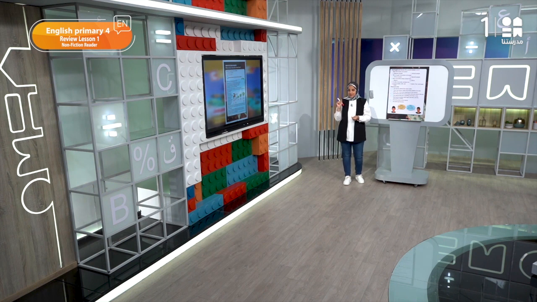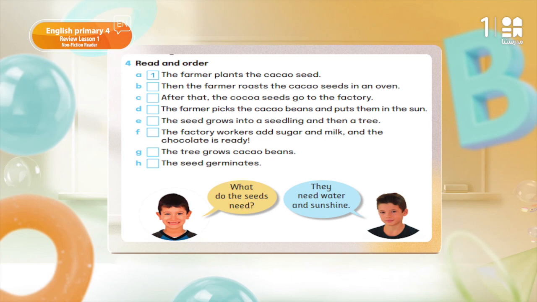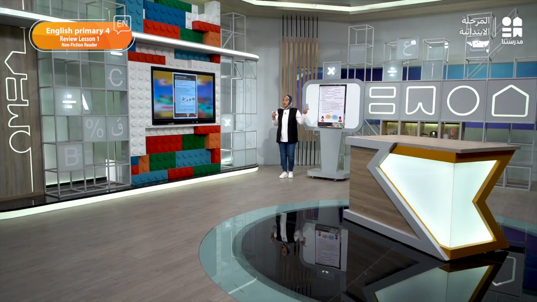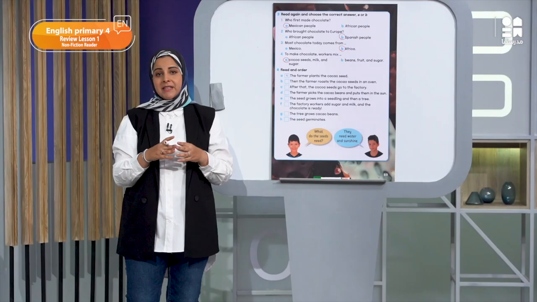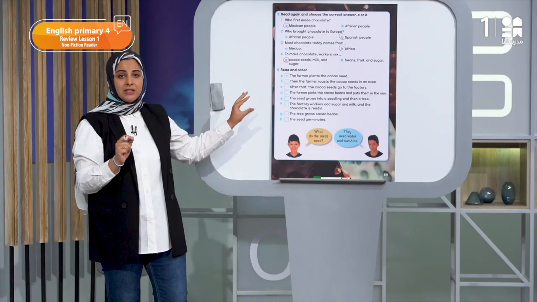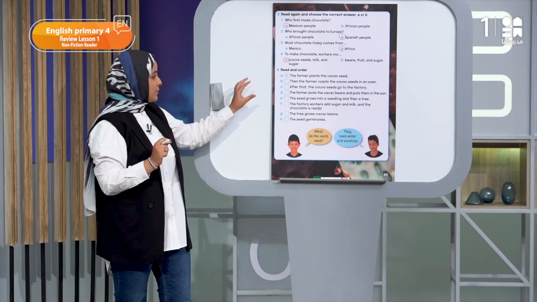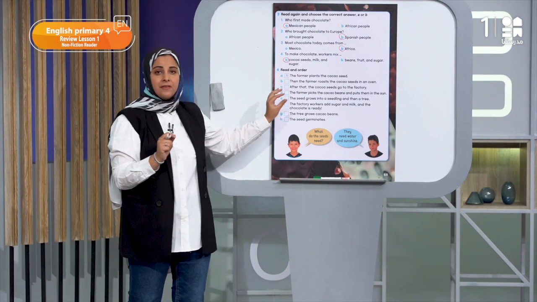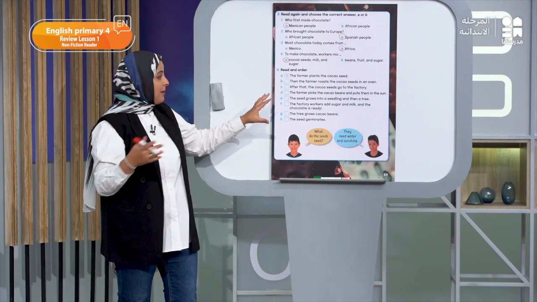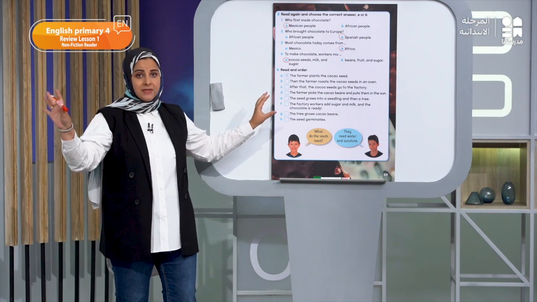Now, let's look at exercise number 4. In the first sentence, the farmer plants the cocoa seed. It is the first stage of making chocolate. The other stages have all been mixed up, so you are going to number the stages in order. يعني إيه؟ يعني أنا لازم أحط الستيجز بتاعتي واكتب النمبرز بتوعي like 1, 2, 3, 4 according to the sequence of making the chocolate according to the text.